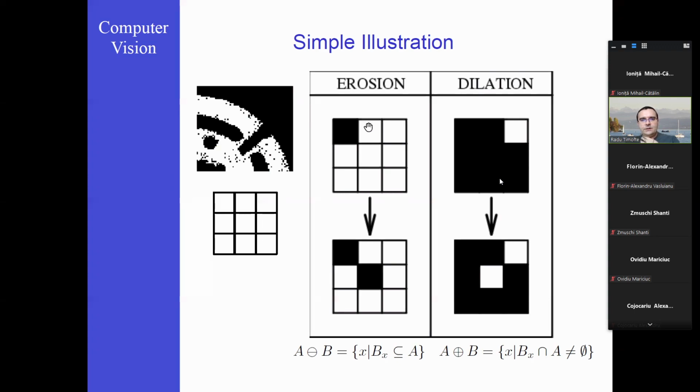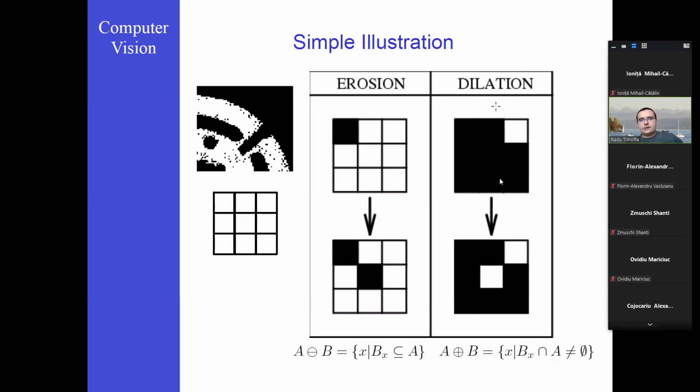We have all those elements in the intersection, and among the pixels that are affected by this operation, we are seeing elements that are belonging to the background. Then also the pixel in the middle will be set to belong to the background. So erosion means to turn foreground pixels to the background, and we are turning them when at least one of the surrounding pixels belongs to the background.